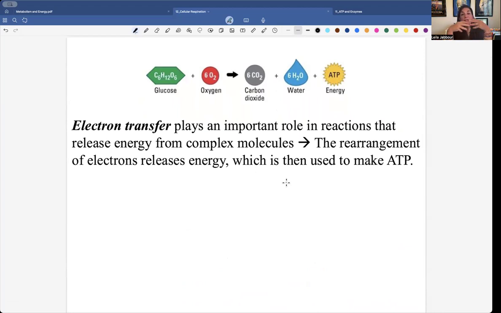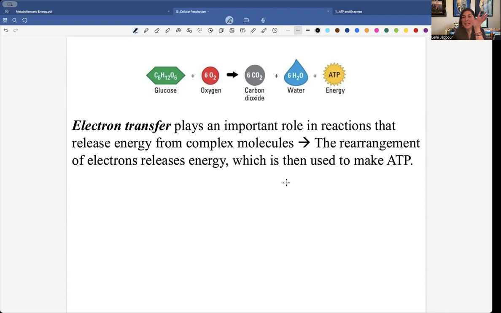And there's going to be release of energy when that's happening. The rearrangement of these electrons is the source of that release of energy. And that release of energy is harvested and taken into making an ATP molecule.